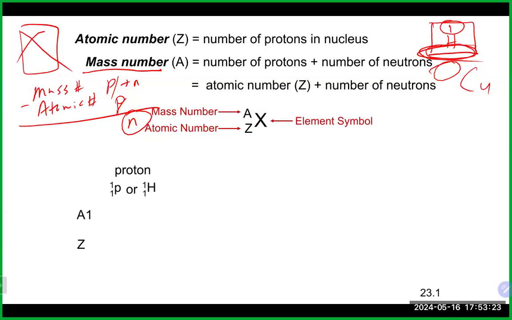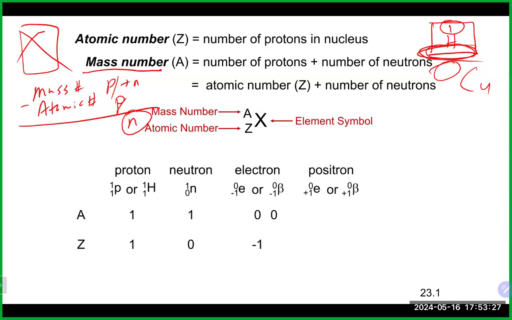Here are some of those symbols that are very commonly seen when we go through radioactivity and nuclear chemistry. A proton is something that's given off sometimes or involved, and a proton can be symbolized in two ways, with a P and a 1 on top and a 1 on the bottom.